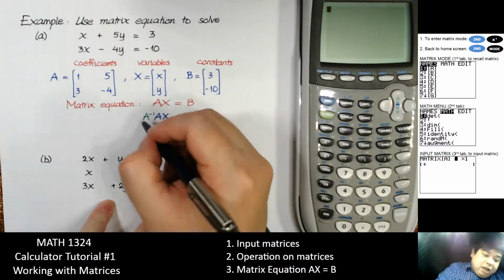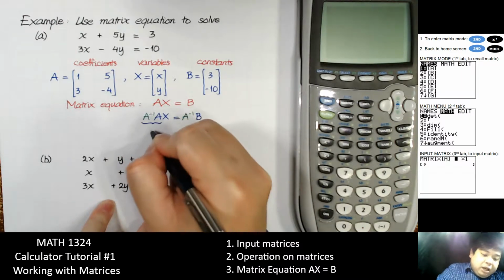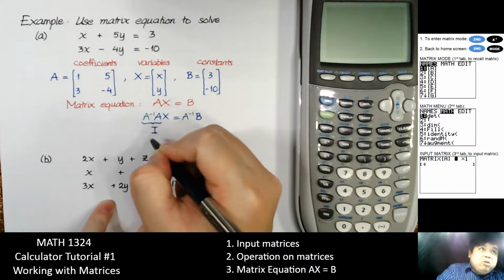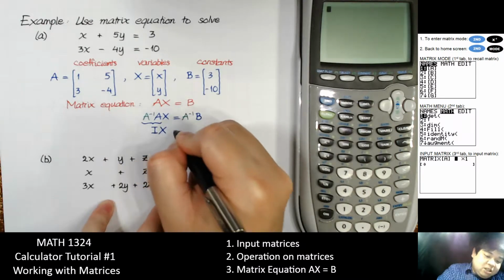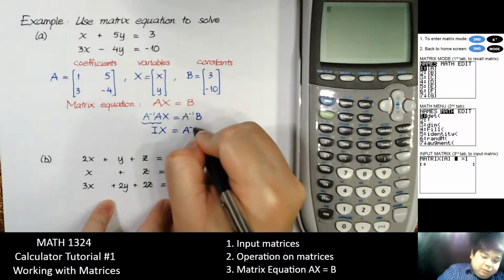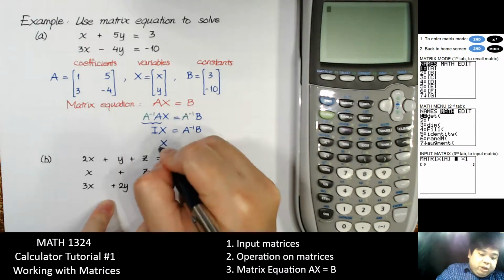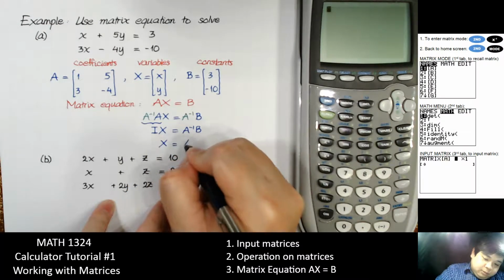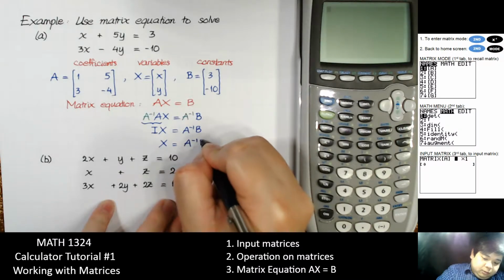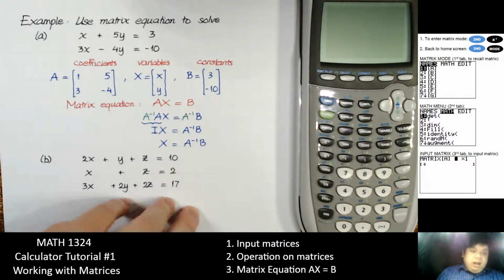A times A inverse, or A inverse times A, is the identity matrix, which when you multiply anything will be itself. And this is what we have.